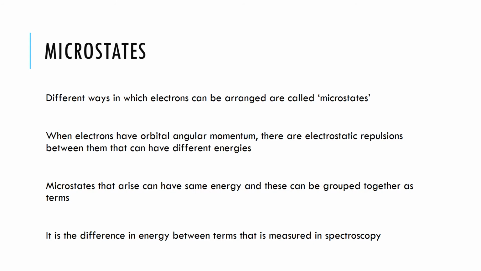Whenever an electron has an orbital angular momentum, there are electrostatic repulsions between them that can have different energies. And some of these microstates may be grouped together as terms, and that's where the word term symbol comes from. And it's the difference in energy between these term symbols or terms that is measured in spectroscopy.